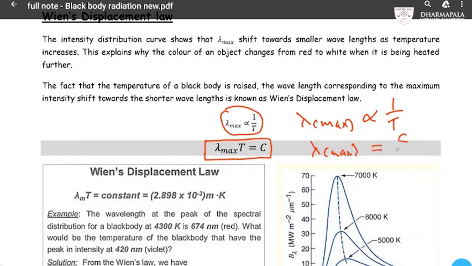We take it as C. So lambda max equals C over T. When you rearrange, you get lambda max times T is equal to C. C here is known as Wien's constant, and the value is given here.